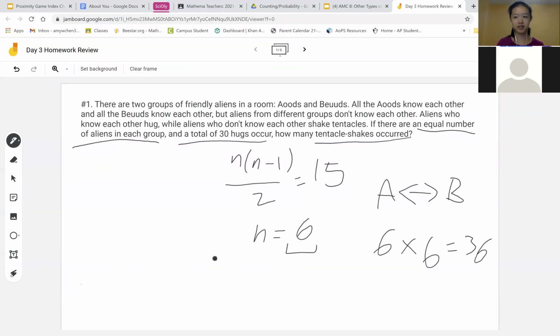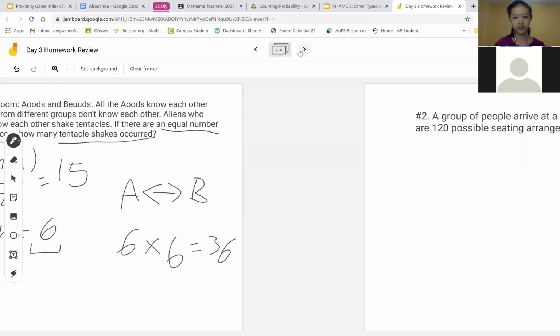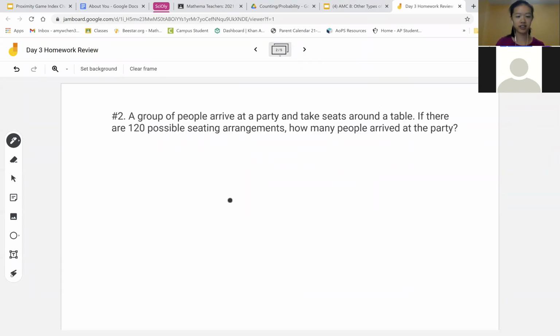Clear for everyone, or questions? Okay, would someone like to try their hand at number 2? Okay, clear is good.